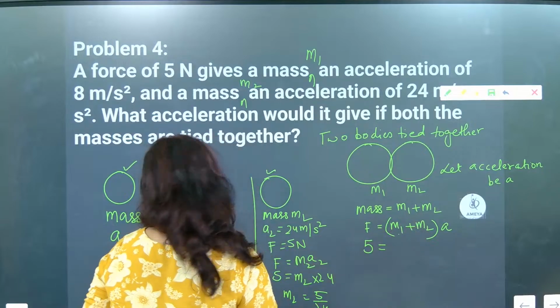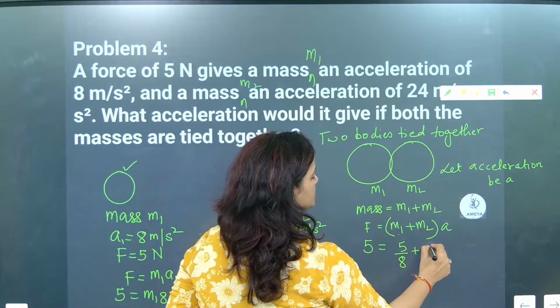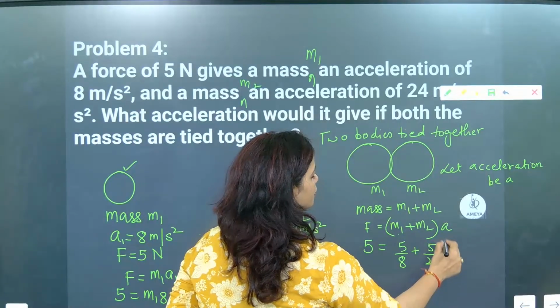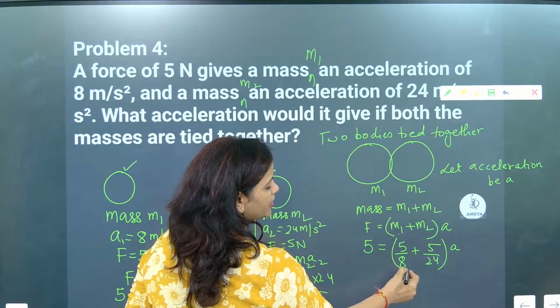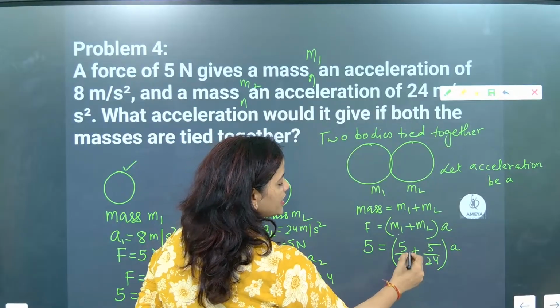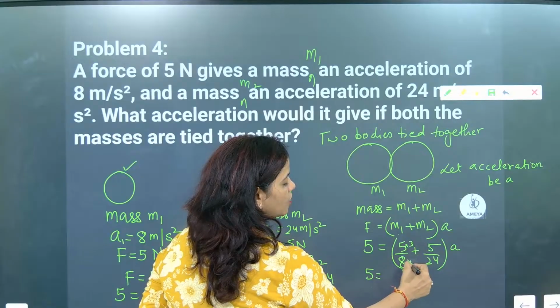Our force is exactly the same, 5 is equal to m1 plus m2 into A. m1 is 5 by 8 plus 5 by 24, into A. Here the bases are different, so I will multiply up by 3 and down by 3.